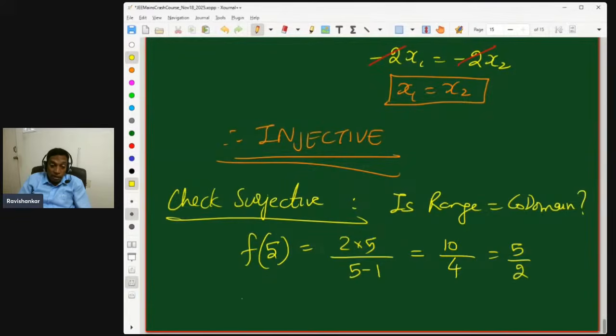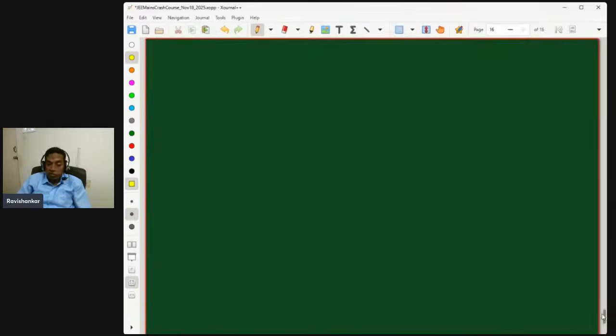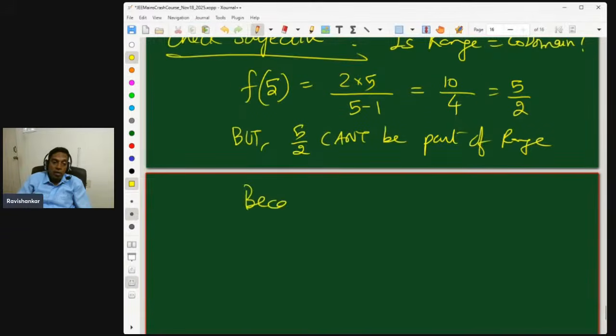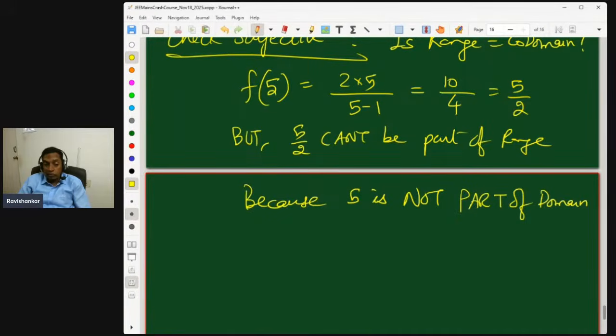Now, but 5 by 2 can't be part of range because 5 is not part of domain, because domain has no integers, no positive integers. So if you have 2x by x minus 1 is equal to 5 by 2, so you get 4x is equal to 5x minus 5.